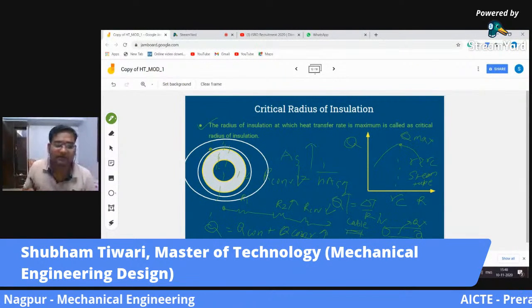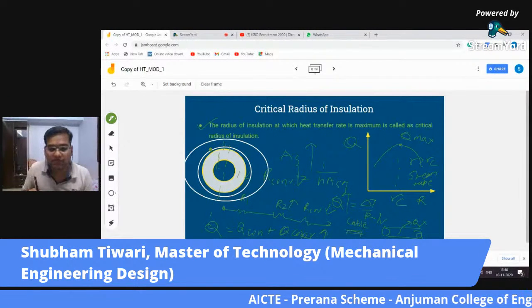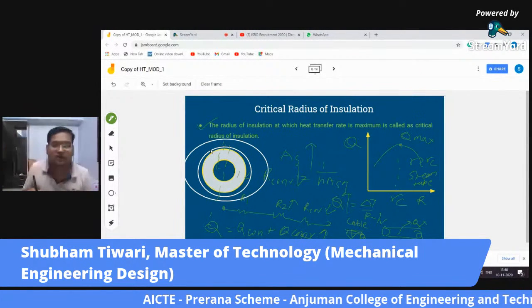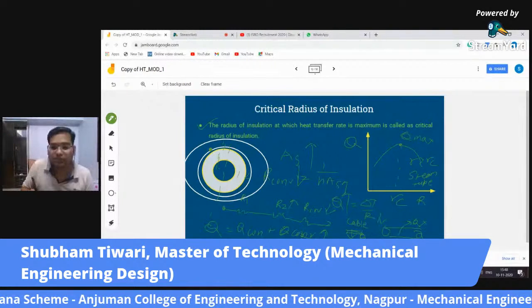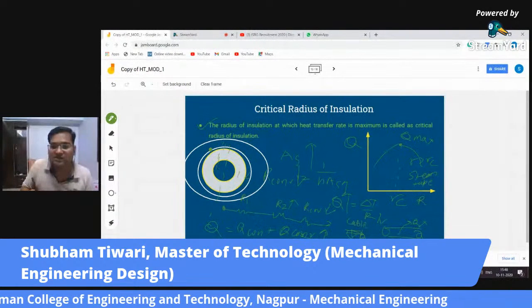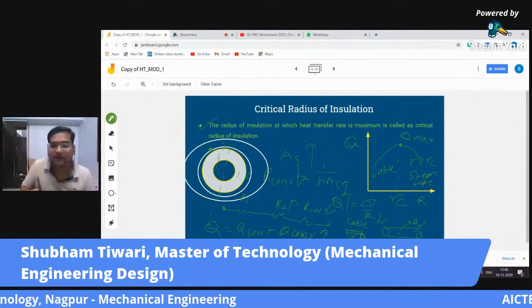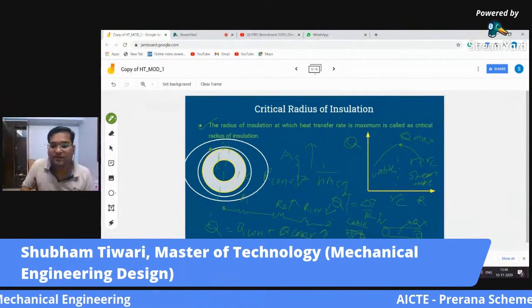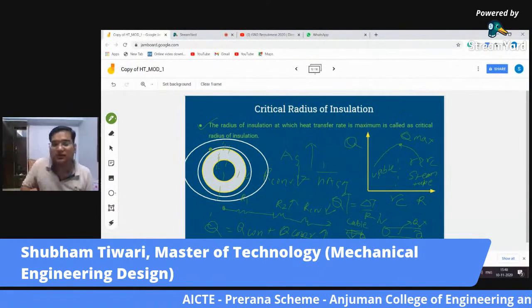So that is what we want to avoid. We want that heat has to go out of this wire or cable. So what we can do is put the radius of insulation in this zone. So the cable will stay in this zone and the steam tube will stay in this zone.